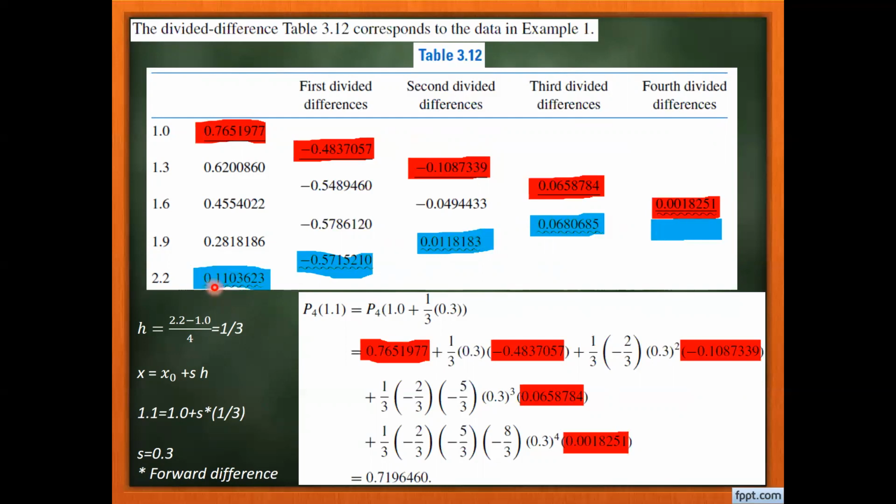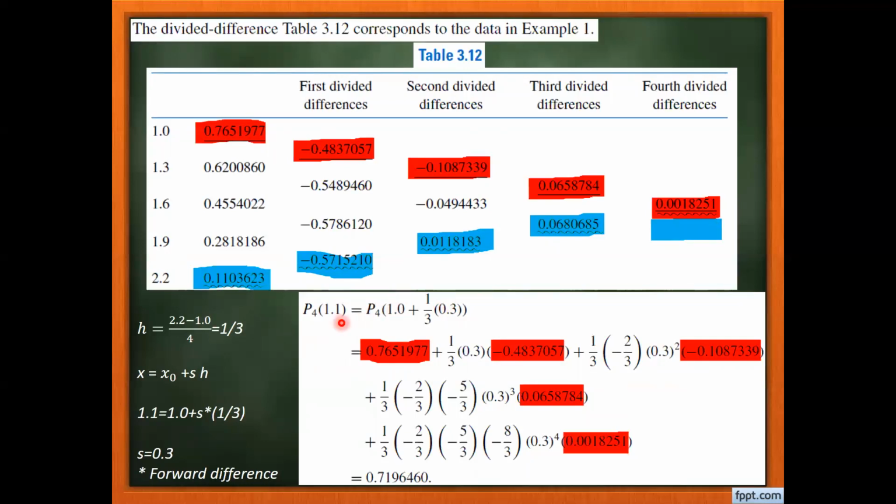So this will be my first value, f of xn, the zeroth order divided difference at nth node. First order divided difference at nth node. Second order divided difference at nth node. Third order divided difference at nth node. And definitely the last one is the fourth order divided difference at nth node.